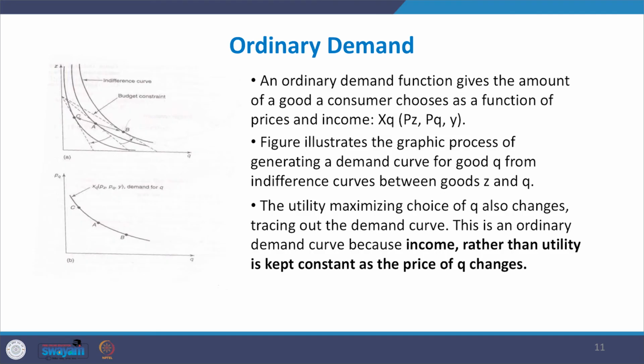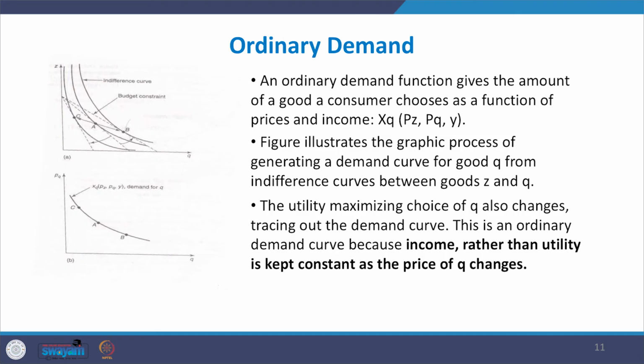When the price of the product Q declines, then the consumer reaches a higher level of satisfaction, and now the consumer is able to consume more of Q because now relatively Q is cheaper than Z. So, the substitution and income effect would lead to an increase in the quantity demanded of Q, and now the consumer will reach point B, that is corresponding to point B on the indifference curve.